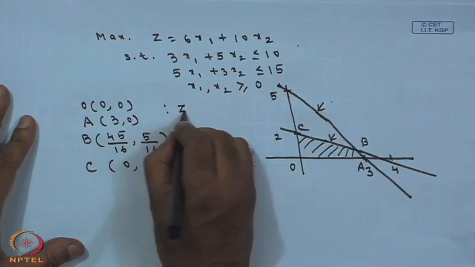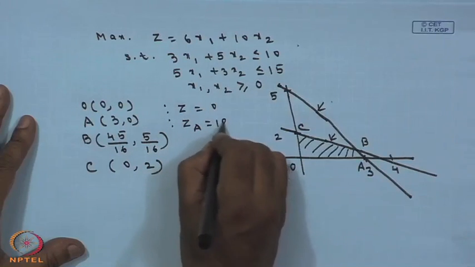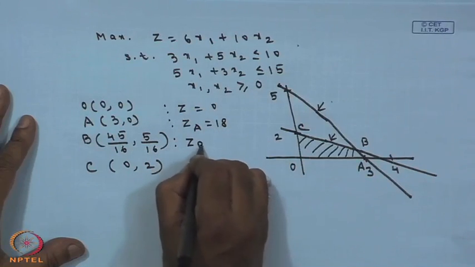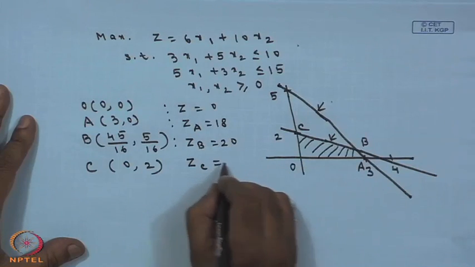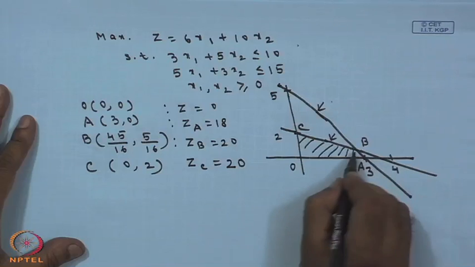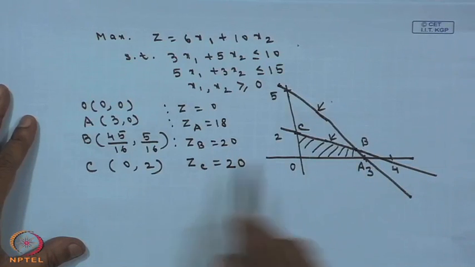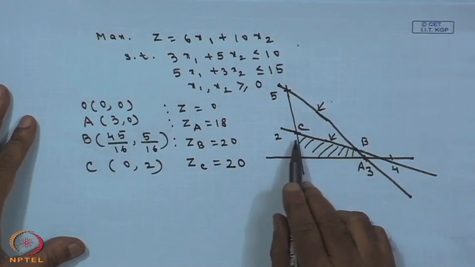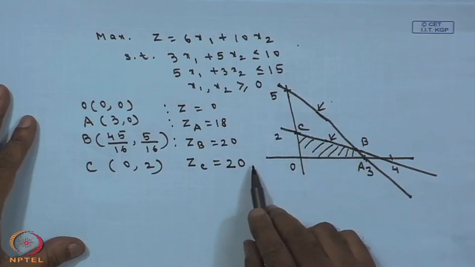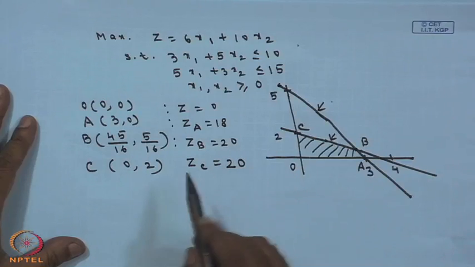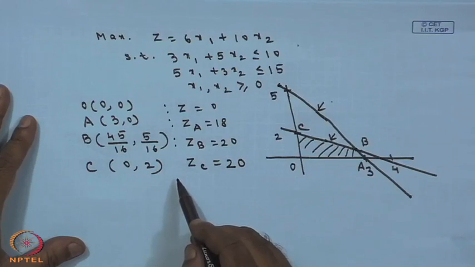If you calculate these values, z at O is 0, z at A is 18, z at B is 20, and z at C also gives you 20. So, you see now, in this case I am getting 2 extreme points, B and C, where the value of the objective function is the same. At the point B it gives you the optimum value, and at the point C also it gives you the optimum value.